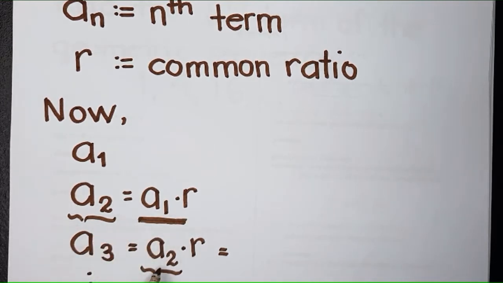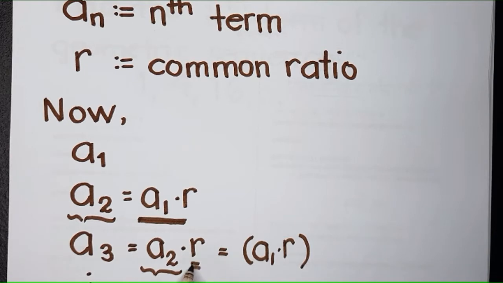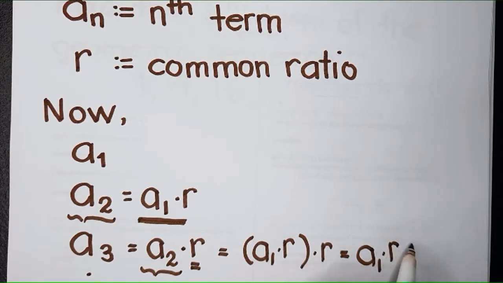So I'm going to replace a sub 2 here by a sub 1 times r. So let me do that. So I'm going to have a sub 1 times r. So this is a sub 2. But don't forget, you have an extra r here. So I'm going to write it here. Okay? So, simplifying, what do we get? We get a sub 1 times r squared.